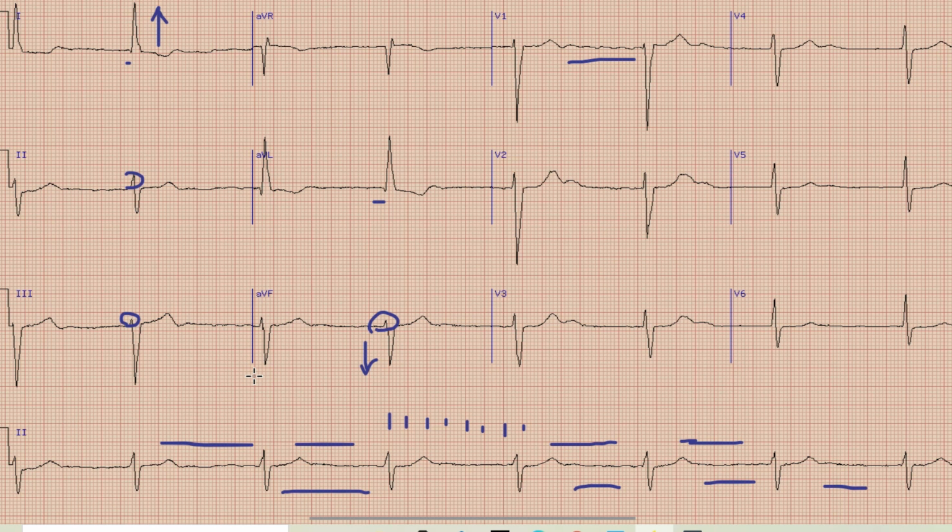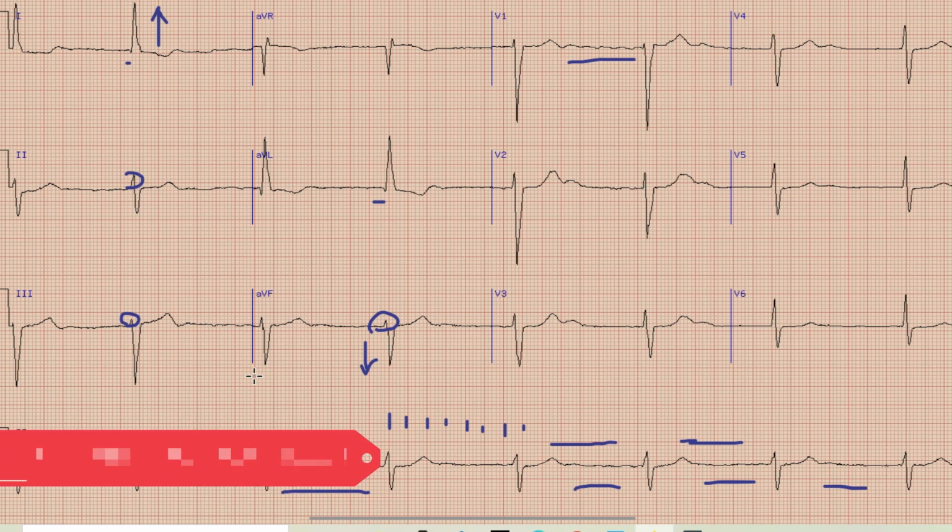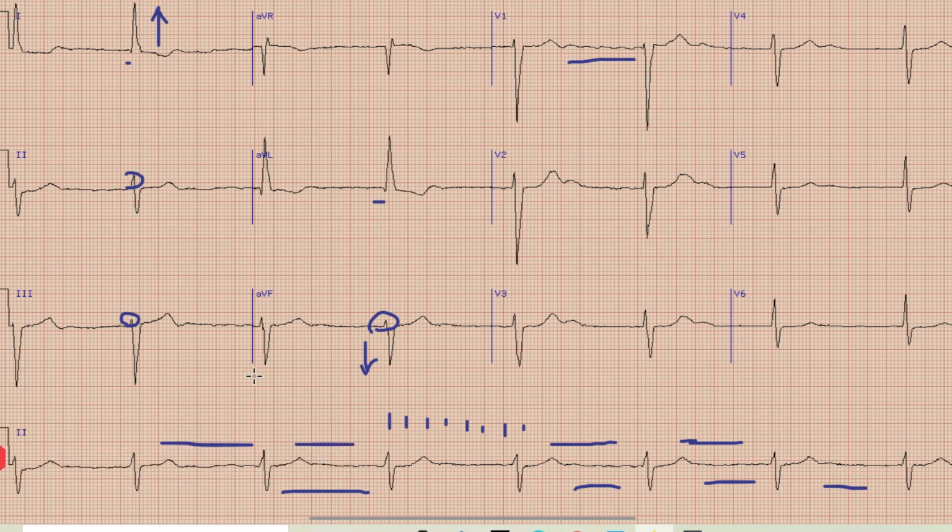As we have already discussed in our previous videos, the presence of small q with tall r in lead 1 and AVL along with small r and deep S wave in leads 2, 3 and AVF represents left anterior fascicular block.